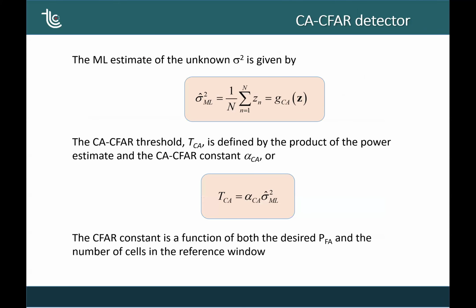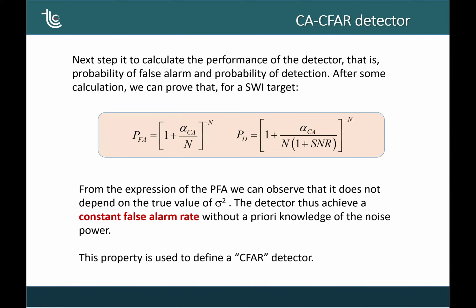So the threshold T_CA is the coefficient alpha_CA times the average, the estimate of the power of the noise. What does CFAR mean? CFAR stands for constant false alarm rate. So this detector has a probability of false alarm that is constant.